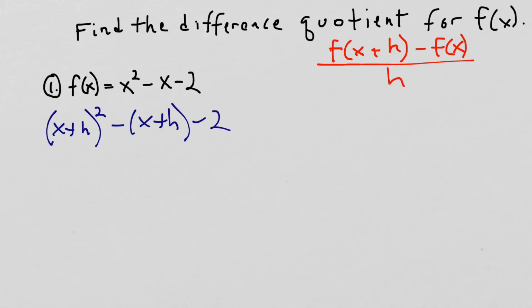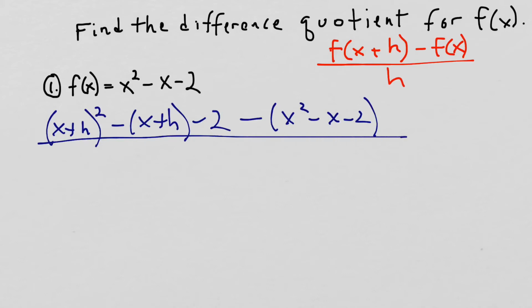Okay, so that's the f of x plus h. And then I'm going to subtract the function f of x. So this is f of x. I'm going to subtract this whole thing. And then I'm going to divide everything by h. And now it's just a question of doing the simplification.